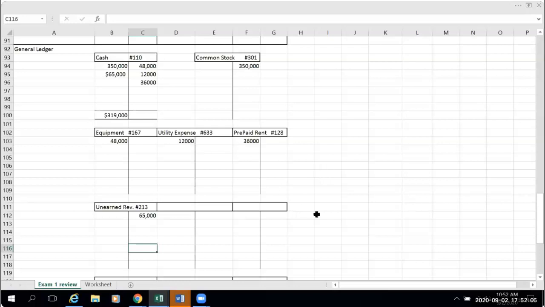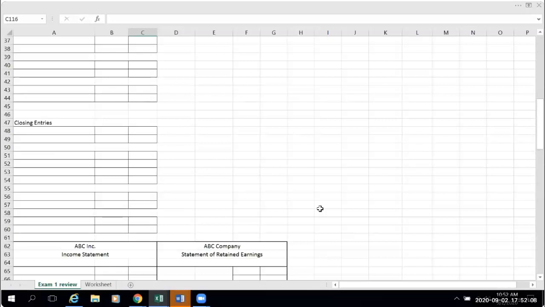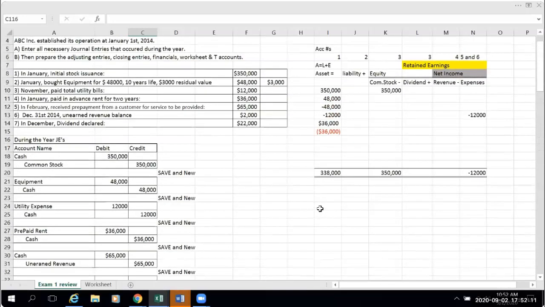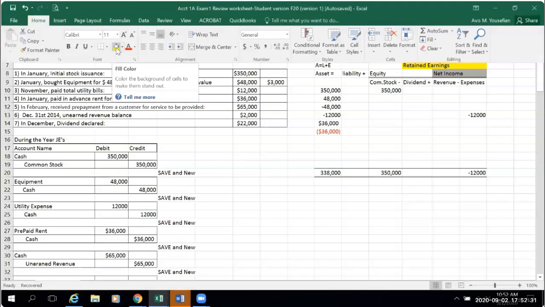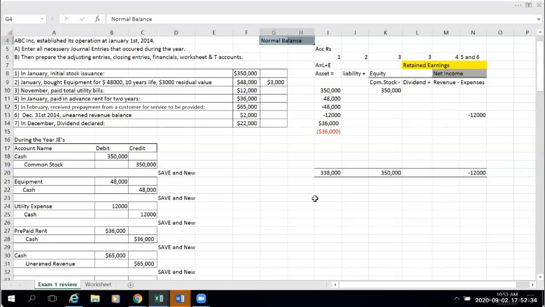So since we are talking about this, let's write it down so see if you can remember it. Normal balance for any asset is debit side.